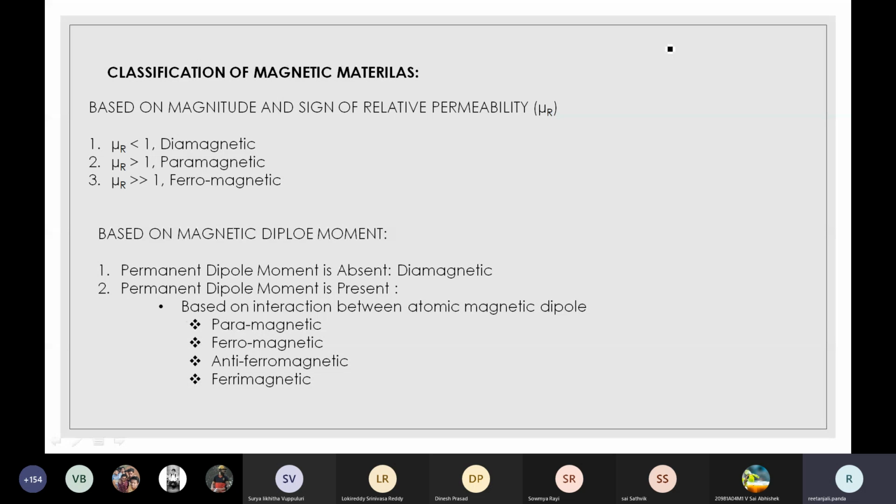As I told you, if you place the material in a particular magnetic field, it affects the electron spin or the atomic arrangement of the material, and the effect is shown on the dipole moment, and that dipole moment decides which type of material it is. Okay.